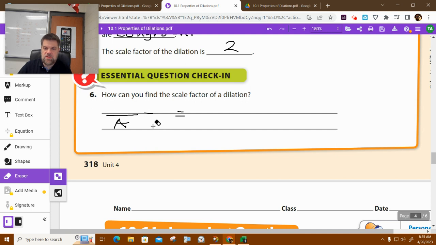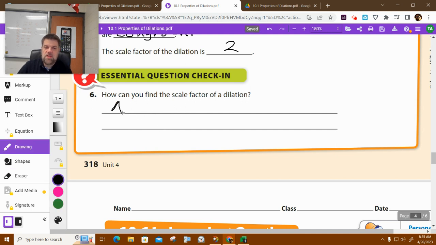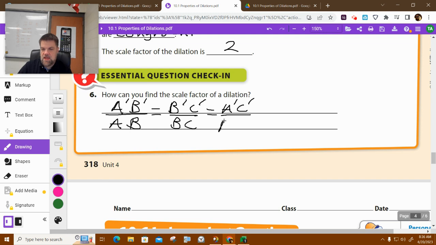So let's write it. Don't panic. We got it. Just relax. So the side length from A prime to B prime should be proportional, A prime, B prime over A, B. That should equal B prime, C prime over BC. And then lastly, A prime, C prime over AC.